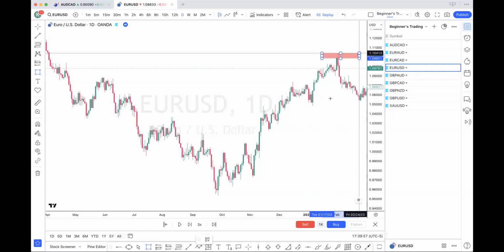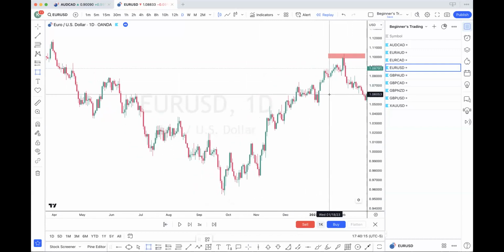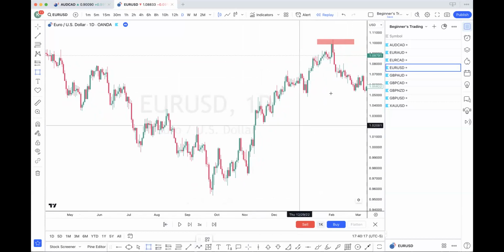So you got a zone here. I'm just going to use this order block. Okay. So I'm just going to use this zone here.